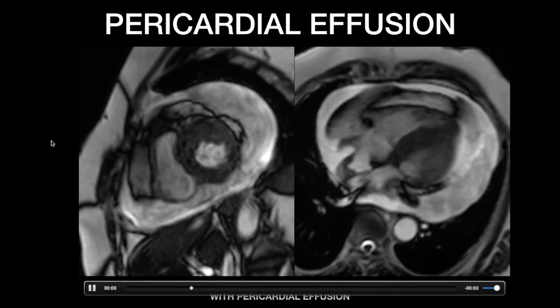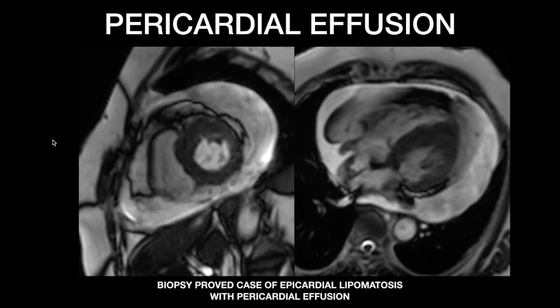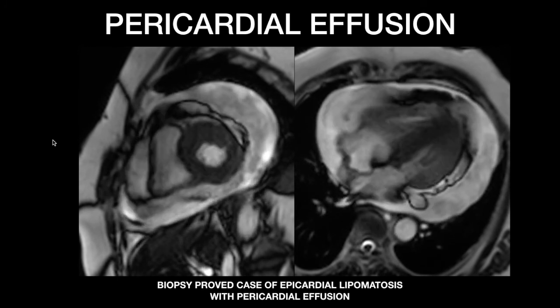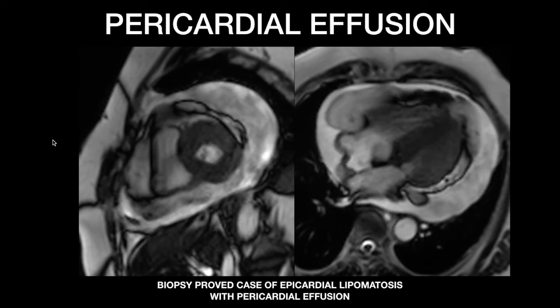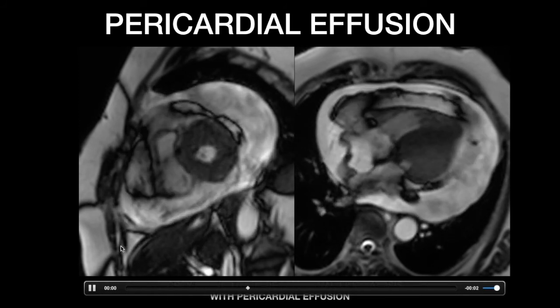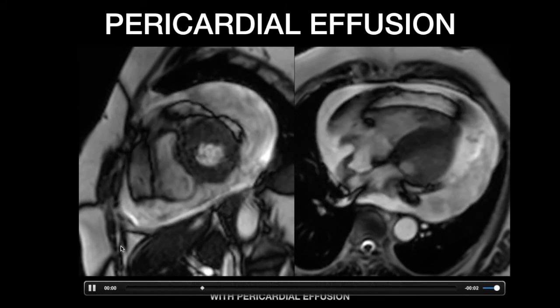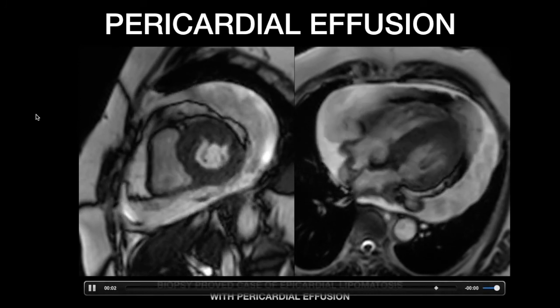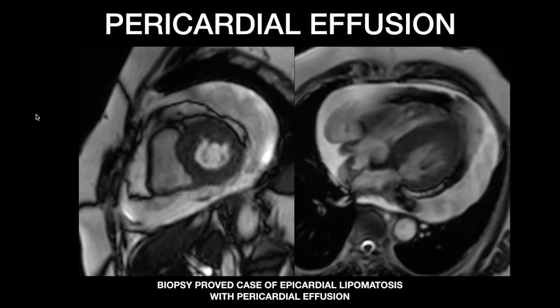Not all pericardial effusions which are associated with a lesion are hemorrhagic. It can be associated with benign lesions, maybe a pericardial chronic inflammatory process, but it could well act as a cause of discomfort and hence needs to be drained, as in this case of epicardial lipomatosis in an elderly lady with pericardial effusion.